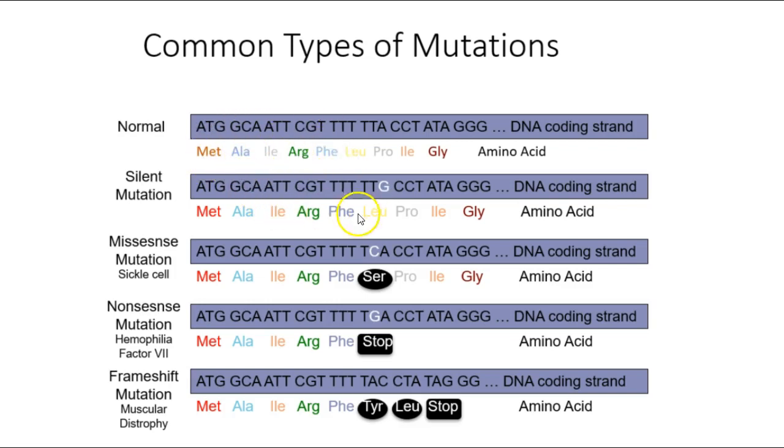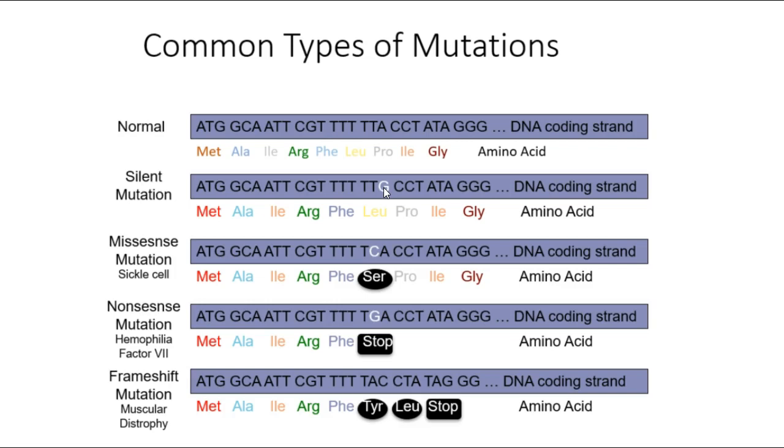Okay, so one option is you can have a silent mutation. Some of these codons, some of these sets of 3, code for the exact same amino acid. It's the luck of the draw that sometimes a mutation occurs. We replace an A with a G when we repair this DNA sequence.